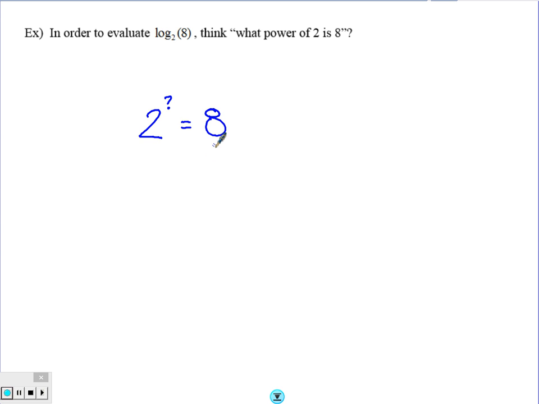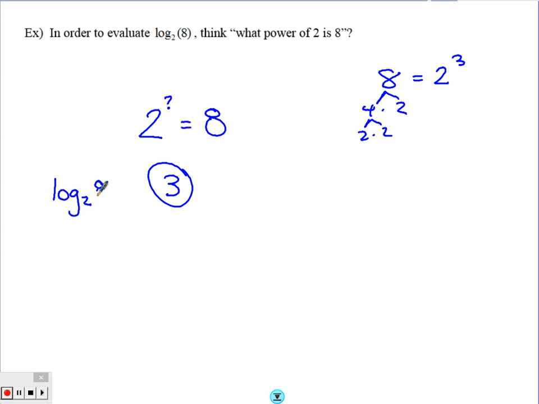I can break it down. I could do a factor tree and go 8 is 4 times 2, and that's 2 times 2, so it looks like I can rewrite 8 as 2 to the power of 3. So what power gets me from 2 to 8? 3. So my answer is 3. So log base 2 of 8 equals 3.